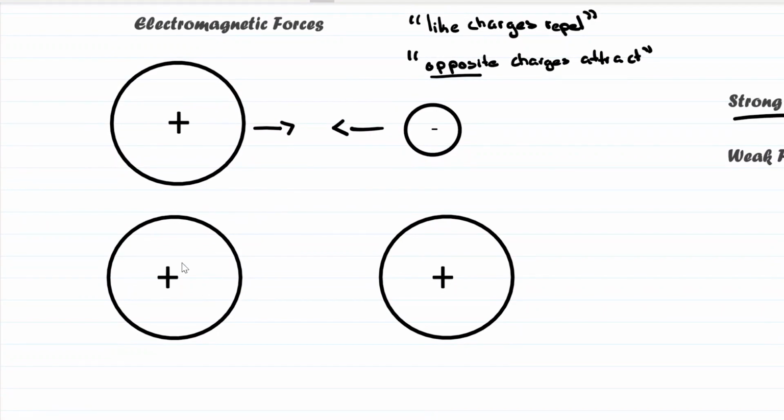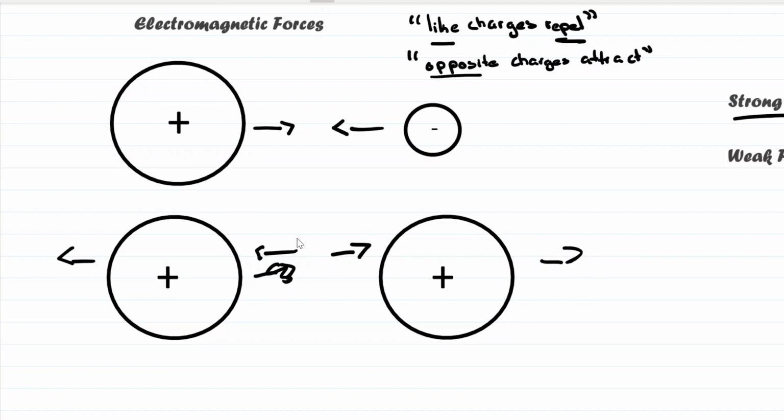We have a repelling between two particles of the same charge, and as the electromagnetic force states, like charges repel. So these two particles would repel because they're of the same charge.